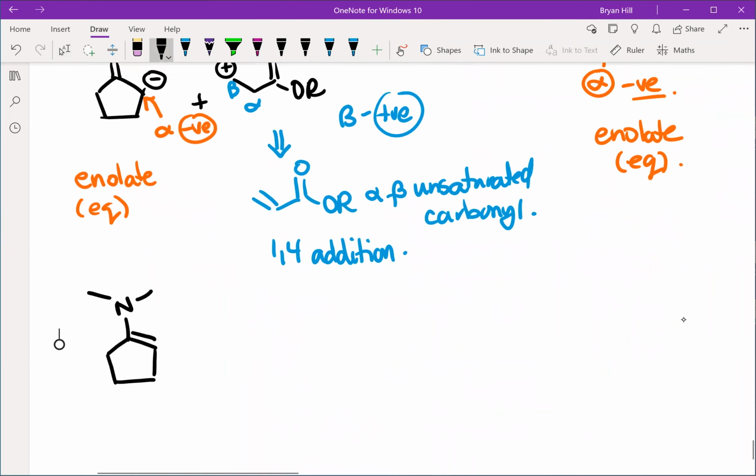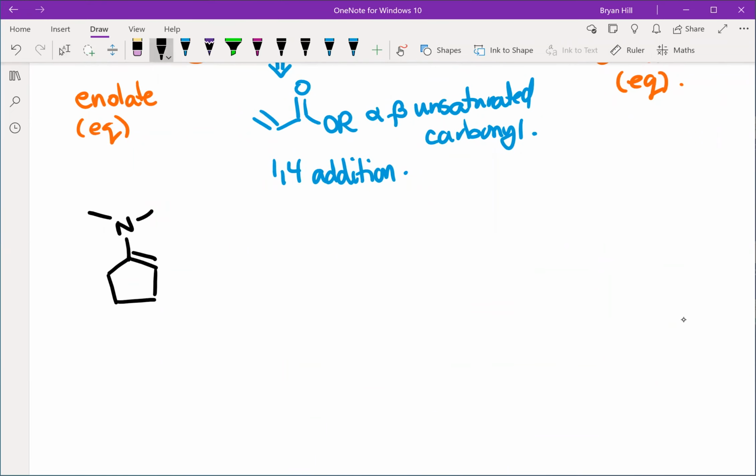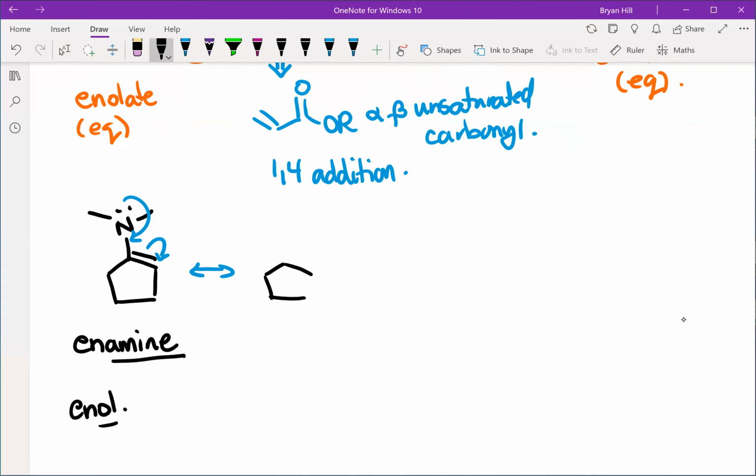And this is the enamine. So it's similar to an enol, except instead of having an alcohol, it's an amine. But if we draw a resonance structure of this, we have something that is very similar.